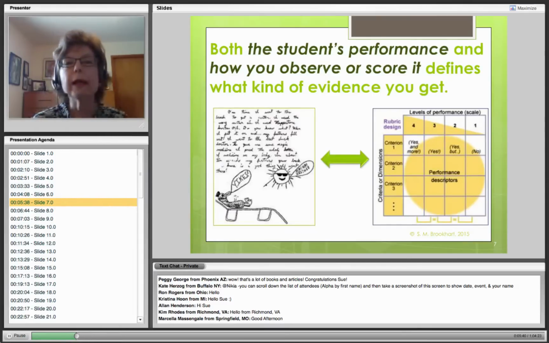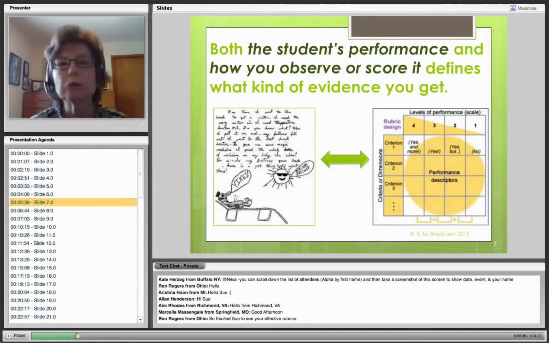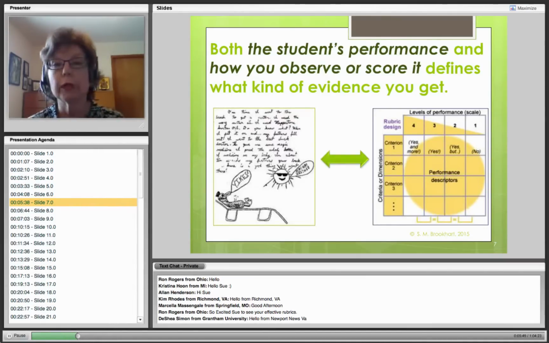I guess the big idea for the whole presentation is both the student's performance and how you observe or score it, meaning usually the rubric, defines what kind of evidence you get from an assessment.